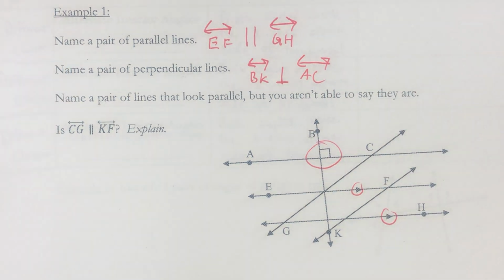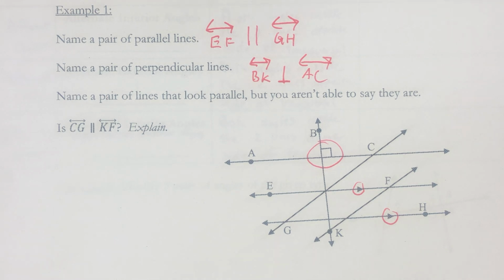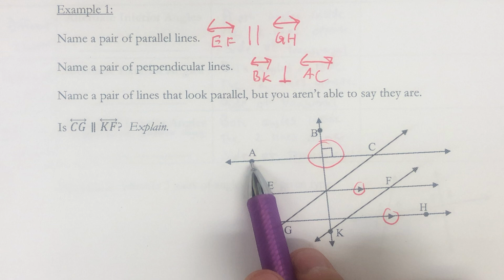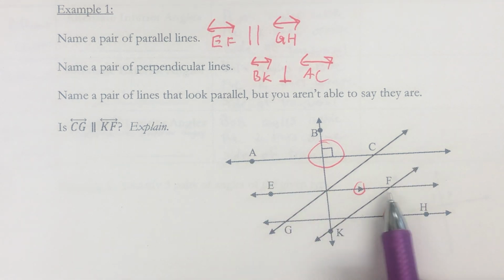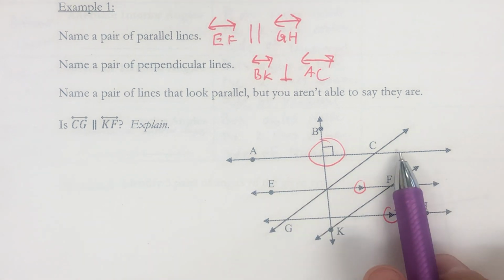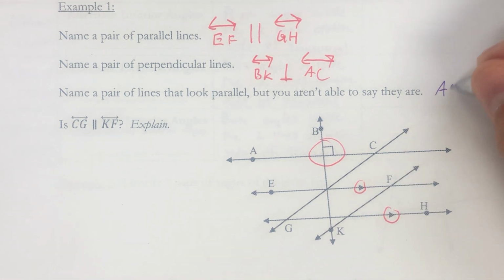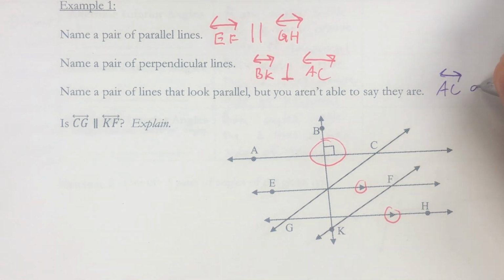And then it says name a pair of lines that appear to be parallel, but we aren't able to tell for sure. So I would say that it looks like line AC is parallel to line EF, but since there's no arrow marked on here, I can't say that for sure.